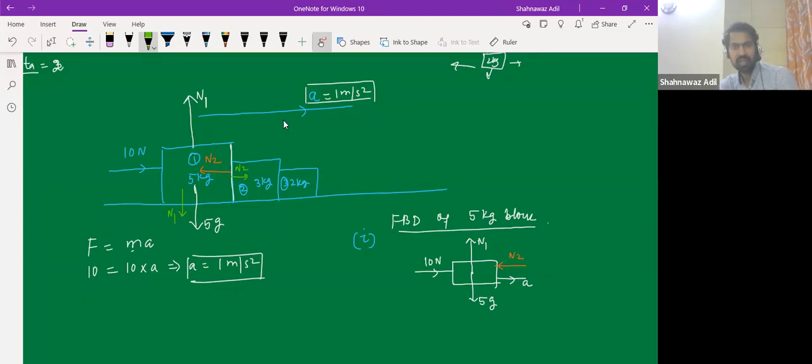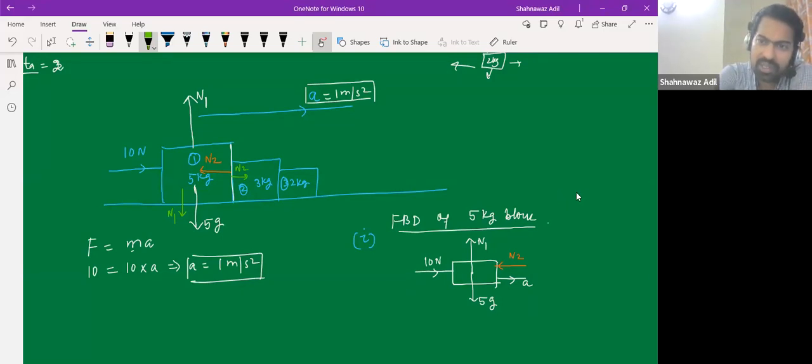Yeah. So this 5 kg block is applying the normal reaction to the ground and the normal reaction to this 3 kg block surface. So that is why we have not counted this N2 and this N1, the green part. Clear, everyone? Yes, sir.